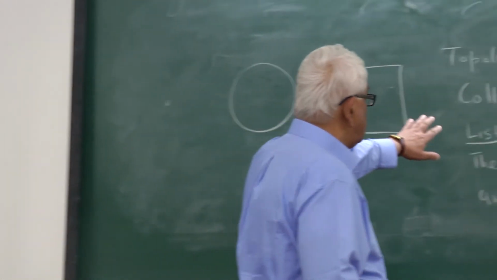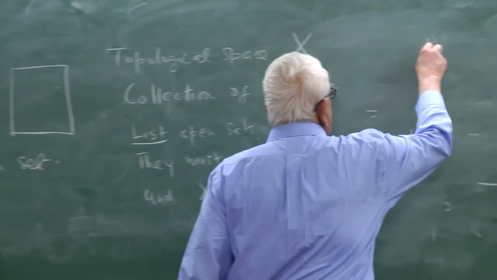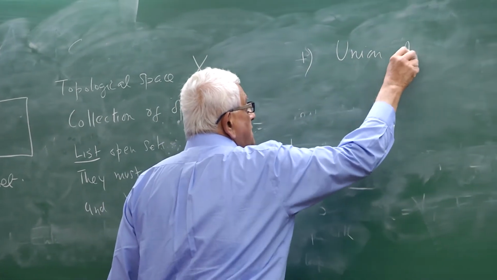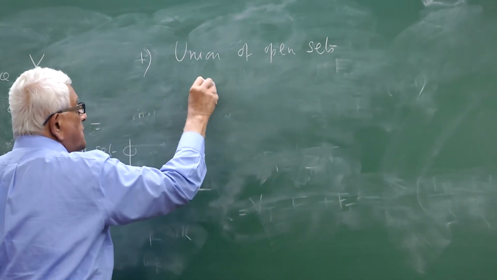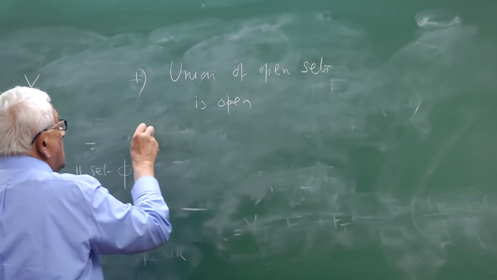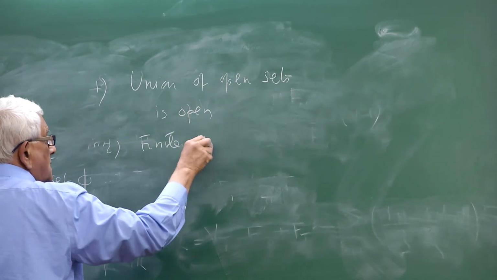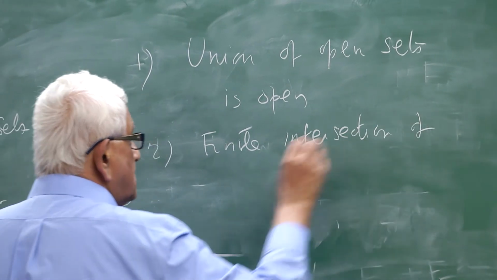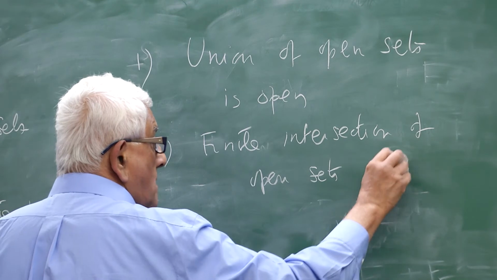The open sets have to satisfy some axioms, rules. One rule is that the union of open sets is open, and two, the finite intersection of open sets is open.